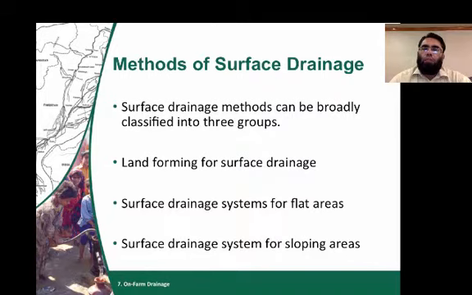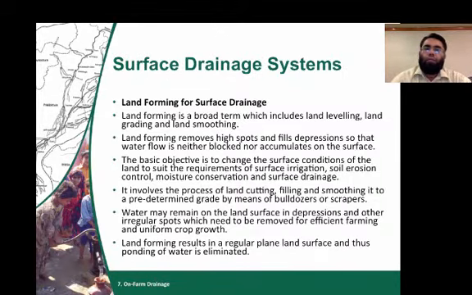Okay, now we will talk about surface and subsurface drainage method in a bit detail. Surface drainage methods can be classified into three groups. One is land forming, surface drainage system for flatlands, and surface drainage system for sloping lands.